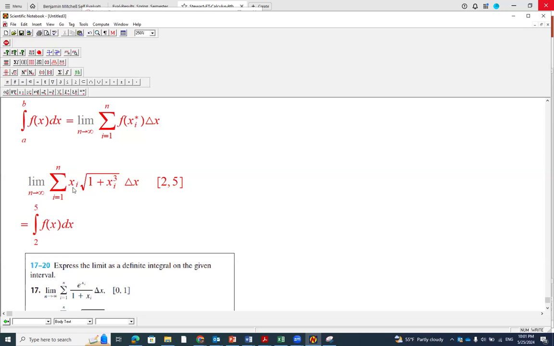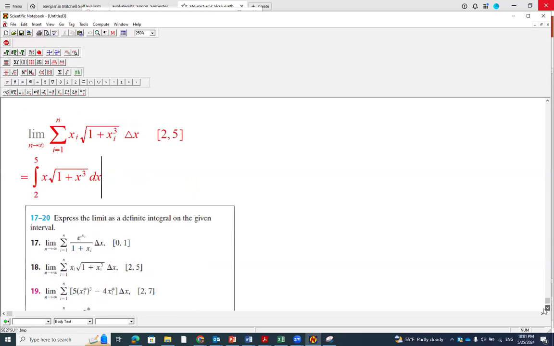And what is the function? This one gives the height, so the function would be x multiplied by the square root of 1 plus x raised to the power 3, and delta x turns into dx. So that's how you work that question.